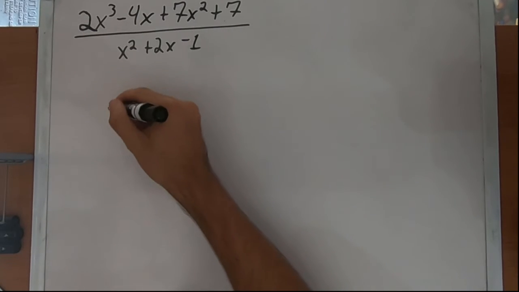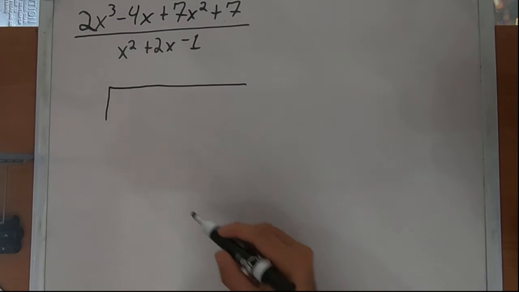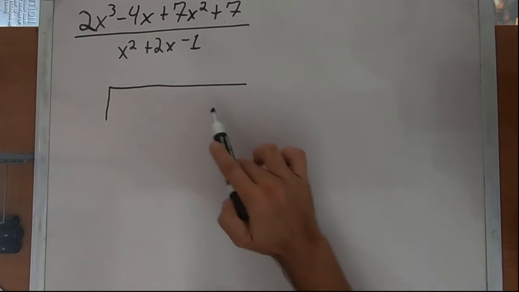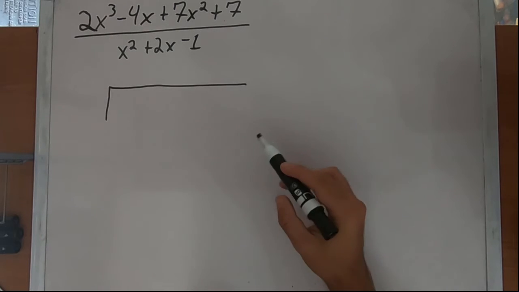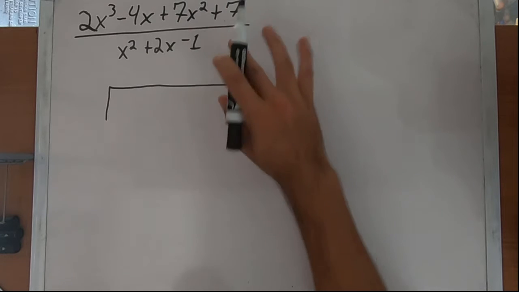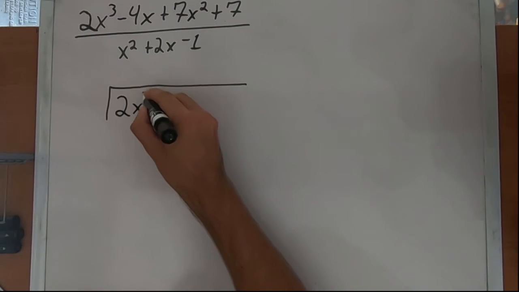so just like we did before, we want to write it, or we could work with it. Keep in mind, you want to keep everything in decreasing order of powers, and what that means is not in this format. So 2x cubed.